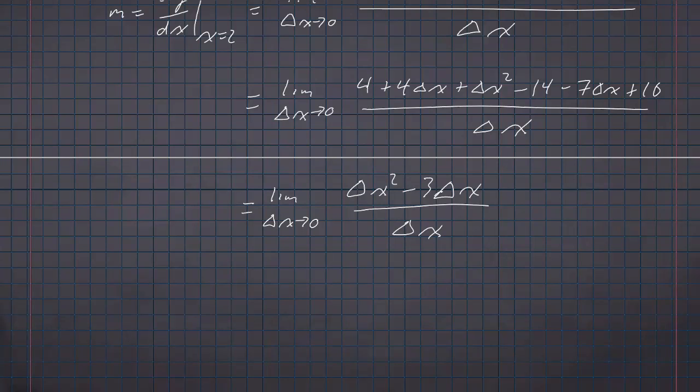All right. And now every term in the numerator has a delta x, so we can divide numerator and denominator by delta x. And now we're looking at the limit as delta x goes to 0 of delta x minus 3, which we can just evaluate by plugging in 0 for delta x. We get 0 minus 3, which is negative 3.